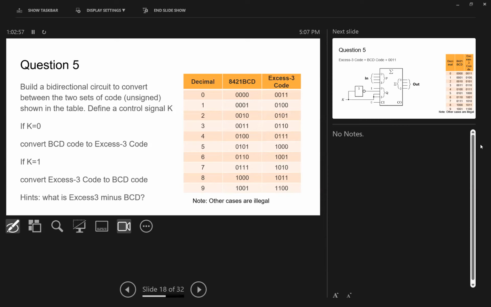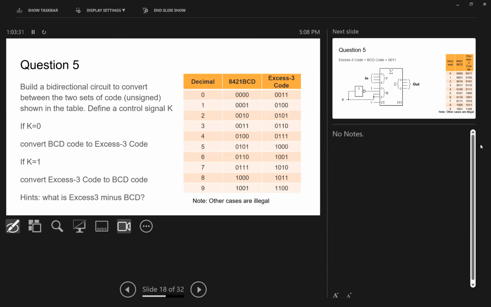Yes, that's quite simple. So if you want to convert BCD code to XS3 code, what do we do? We just do addition, right? So if we transform BCD code to XS3 code, we just need an adder. But how about XS3 code to BCD code? Normally, intuitively, we are going to need subtractors.